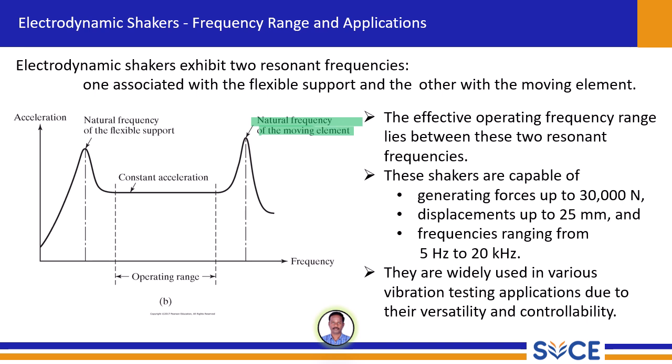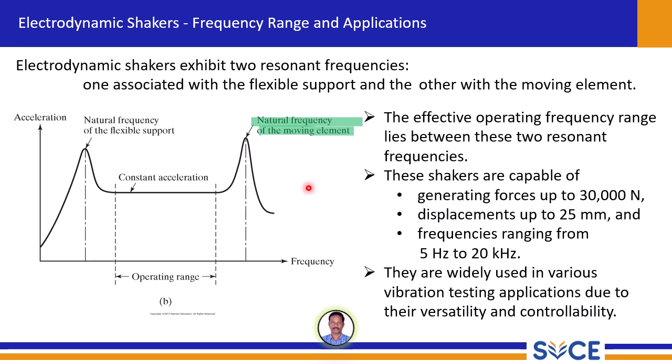Looking at this graph, we can see how the acceleration response of the shaker changes with frequency. Notice the two distinct peaks in the acceleration curve. These peaks correspond to the natural frequencies or resonance frequencies of the flexible support and the moving element itself. At these frequencies, even a small input force can result in a large vibration amplitude, which can be undesirable for a controlled testing environment.